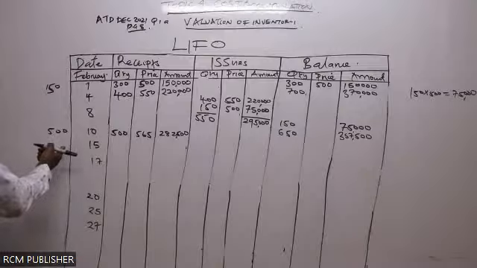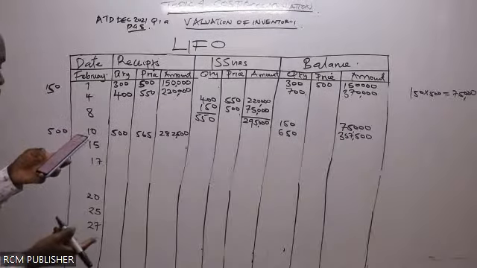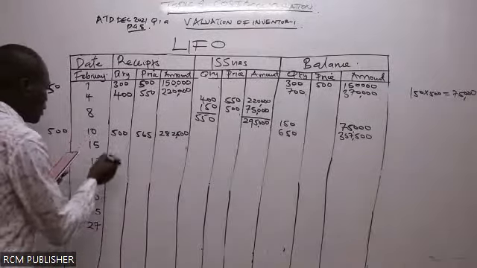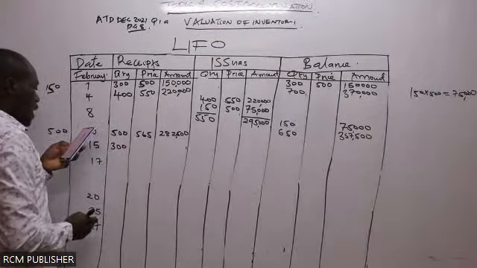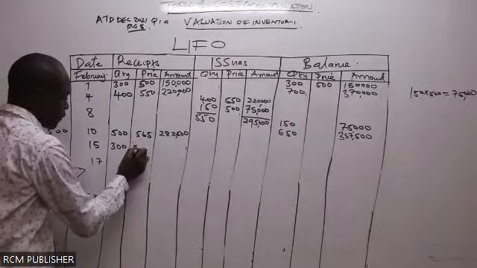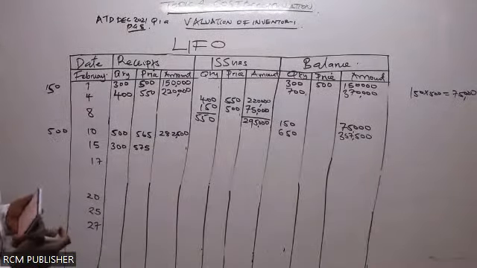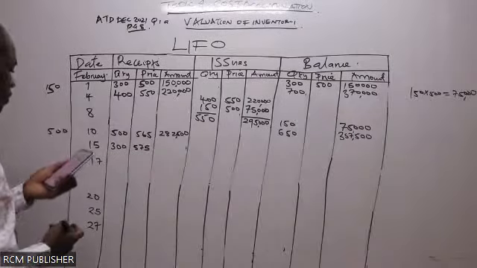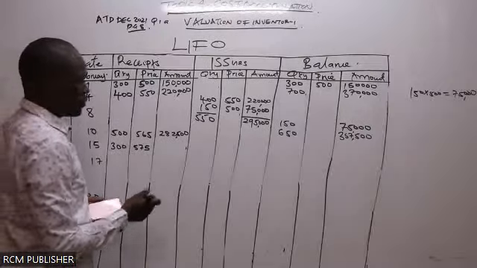Now from that date, we move to the 15th. What happened on the 15th? They received goods. They're receiving 300 units at 575. What is the value here? 575 by 300, we are having 172,500.